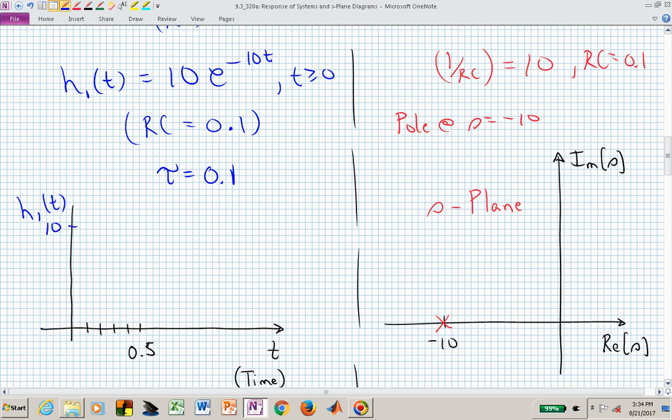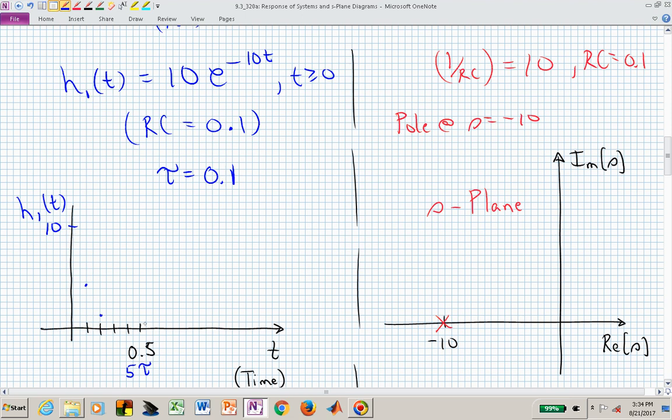And in one time constant, I'm 37% of the way down from that. I'm just going to guess that. And then I'm at about 14%. I'm going to guess that. But by the time I get to 5 tau, which is 5 times 0.1, or 0.5, I'm now basically down to nothing from where I started.